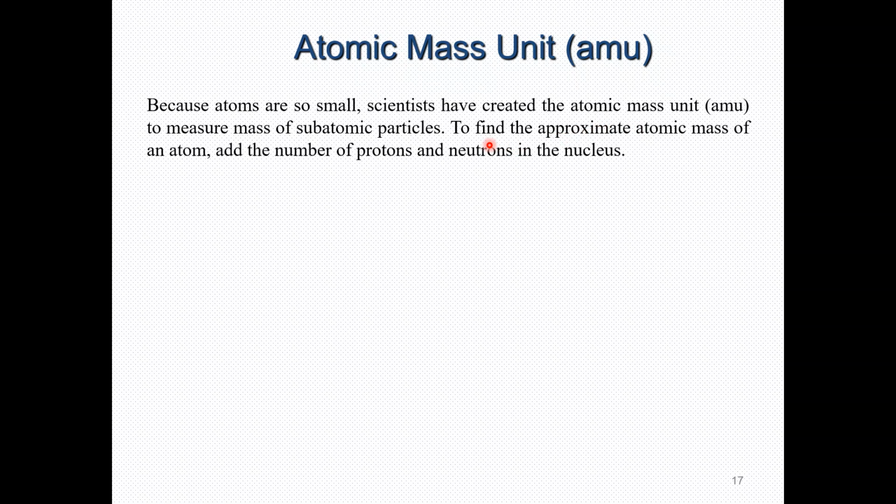The reason for this is to measure the mass of the subatomic particles, by which we mean the electron, protons, and neutron. In order to measure the smallest particles inside the atom, that is protons, neutrons, and electrons, the scientists have developed this smaller unit that we call atomic mass units.